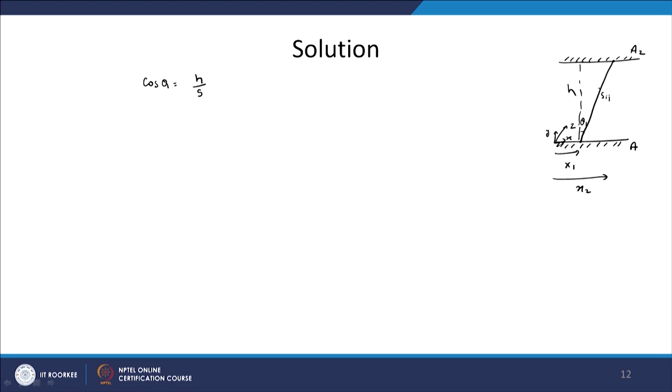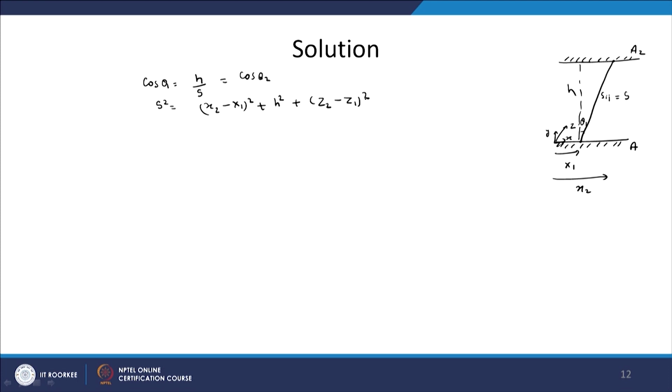So, from this triangle, h by s, Sij is simply equal to s, h by s is equal to cos theta 1, and this will also be equal to cos theta 2. Cos theta 2 and cos theta 1 are equal in this particular example. So, we write s square is equal to x2 minus x1 square, already defined x2 and x1, plus h square plus z2 minus z1 square.